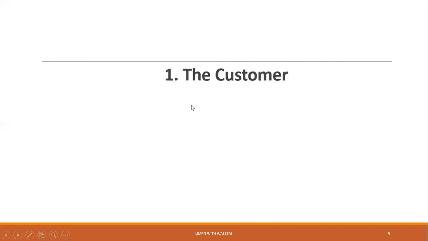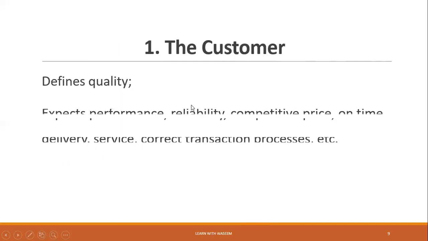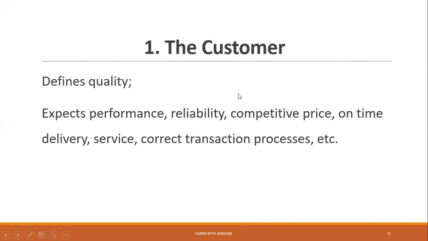So let's talk about the customer first. Customer actually defines the quality. The customer places an order, and that order may have some expectations, some needs, and some requirements, and the organization defines a particular quality in order to fulfill those requirements and needs of the customers.